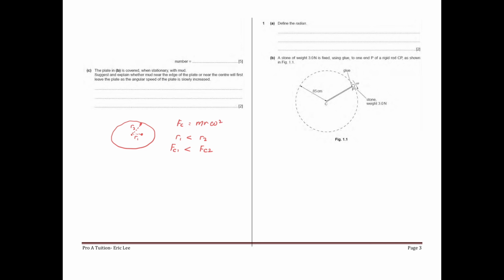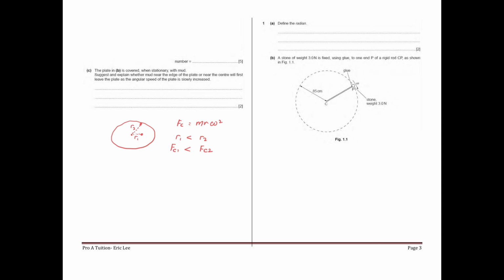At the same time, we need to know that the two muds stay on the same circular plate. It has the same roughness, no matter whether it is near to the center of the circle or far away from it, and hence the same frictional force. Frictional force provides the centripetal force. So because of the same roughness, they have the same frictional force, and hence the same centripetal force available.